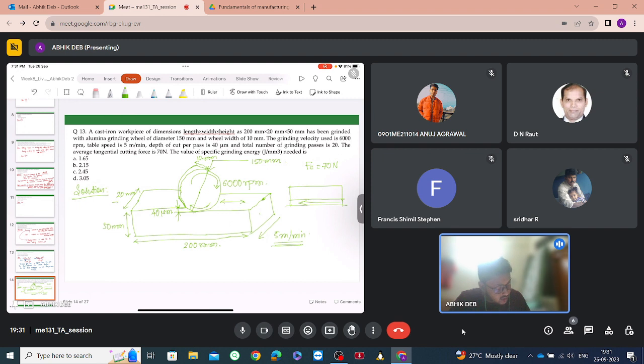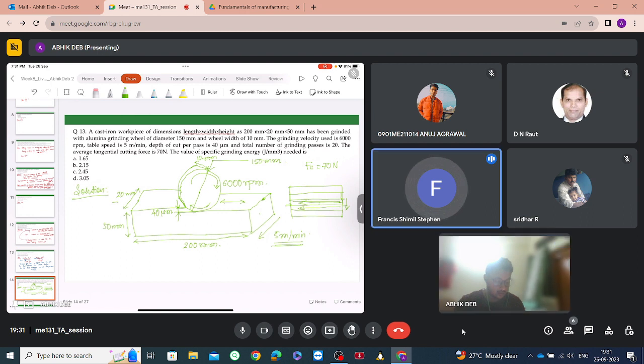Now, if the wheel remains in this position and the workpiece moves in this direction, then the next position of the workpiece will be this. So the tool will now be moving on a different plane. Initially it was cutting like this, now it will cut in this layer.